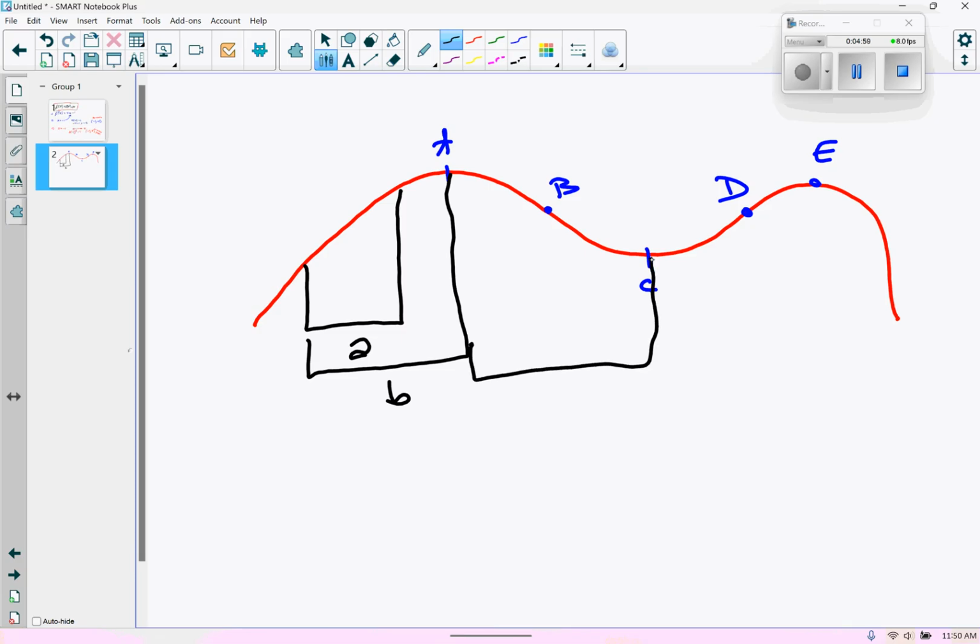Those are just intervals, and little d goes from here to here.